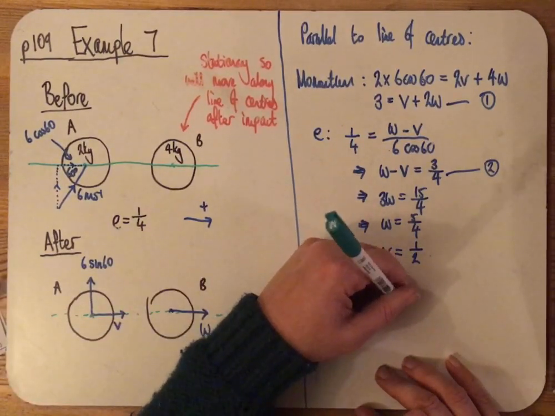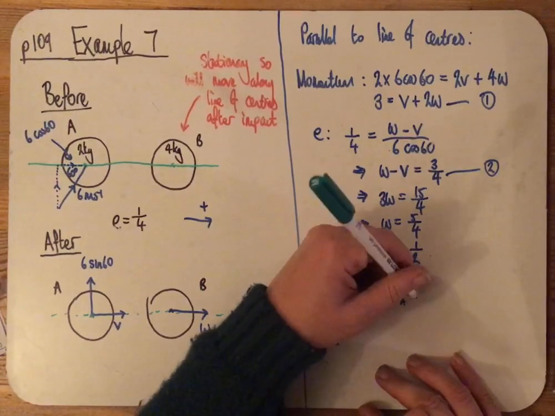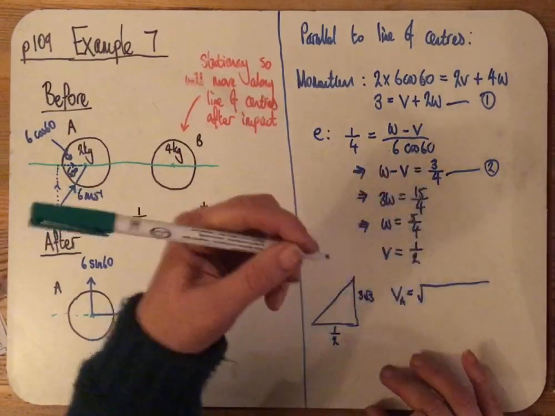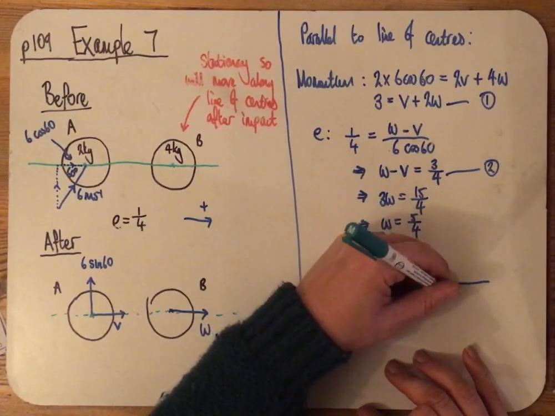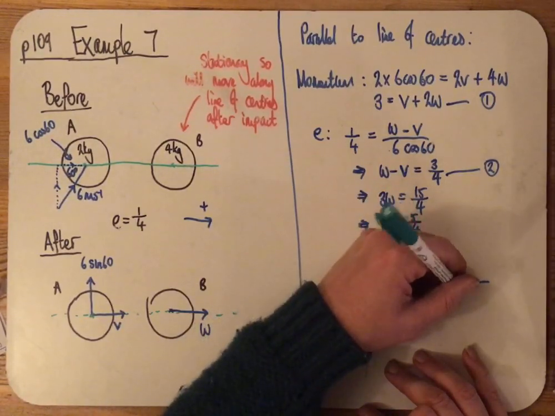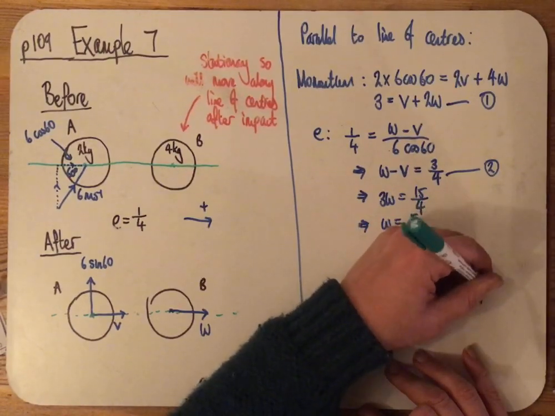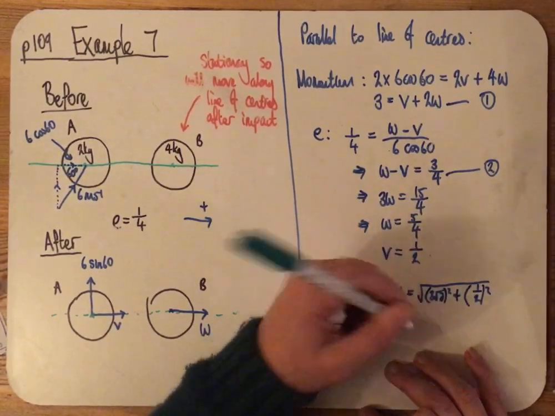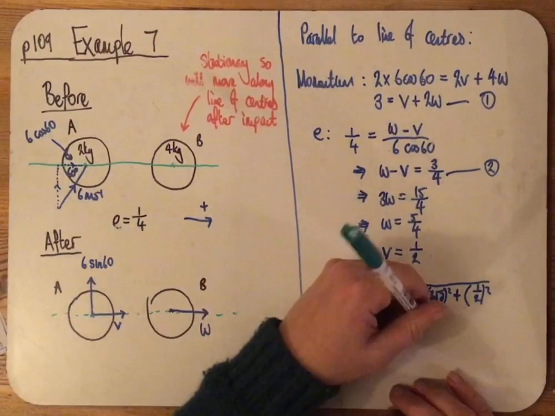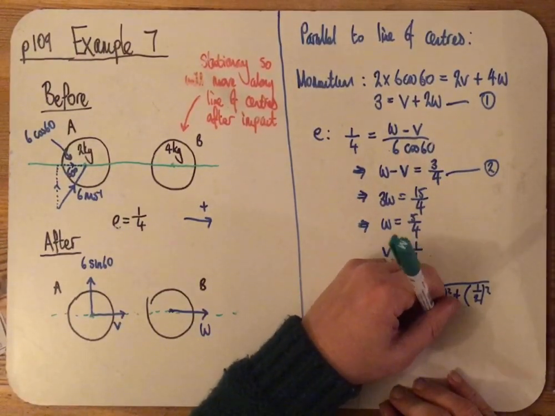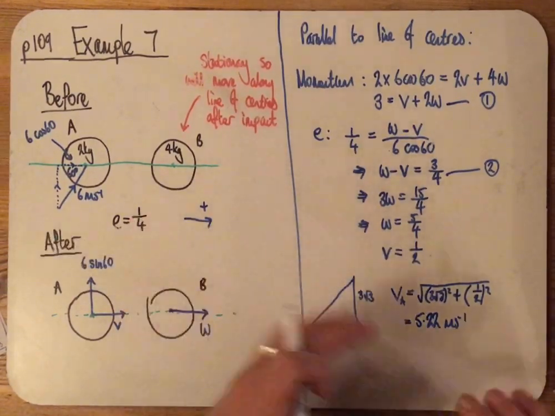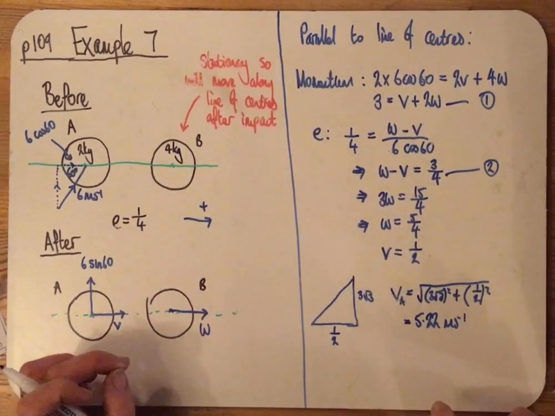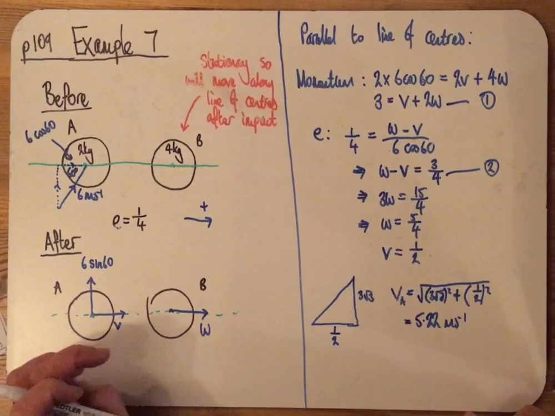So the velocity of A is equal to the square root of (3√3) squared plus (1/2) squared, which I have as a decimal as being 5.22 meters per second. We're not working in vectors particularly in this question. We will do some work with vectors, but not for this one.